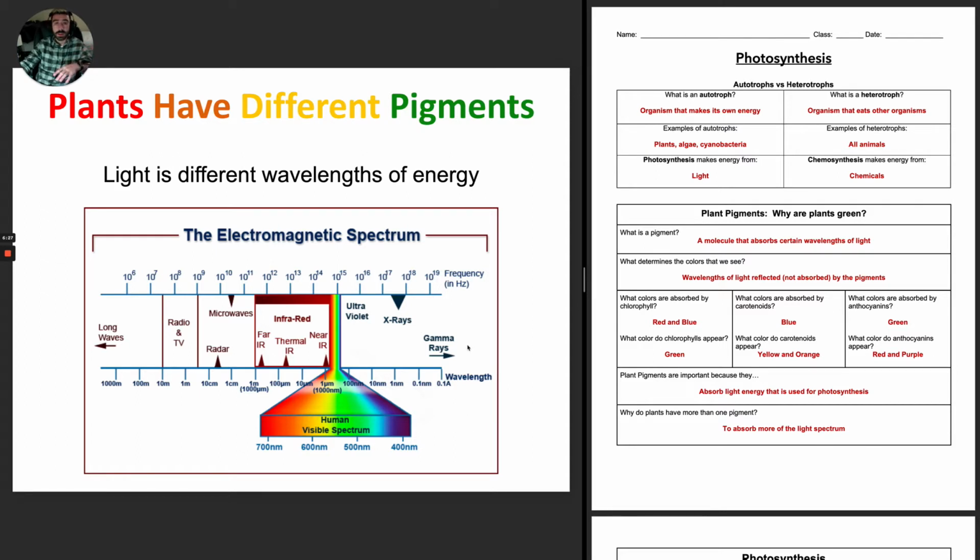Beyond that are things like ultraviolet light and X-rays that we can't see. Below that are things like infrared and microwaves and radio waves that we can't see. But we can see this portion, and different colors correspond to different wavelengths or different sizes of waves.